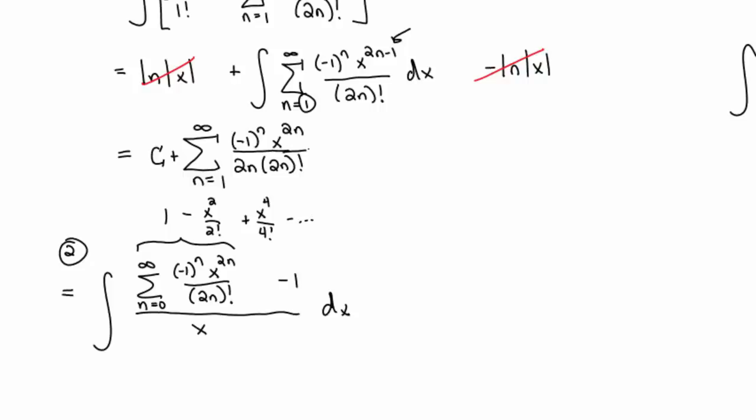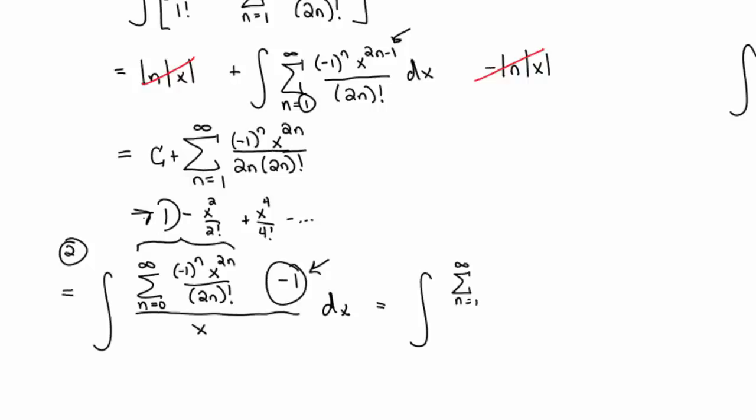So this positive one right here and this negative one right there will cancel. And so it's sort of like me saying, you know what, I'm going to integrate the series, but I'm not going to start at 0. I'm going to start at 1. I'm going to ignore the 0th term, because that's going to cancel the -1 right here.